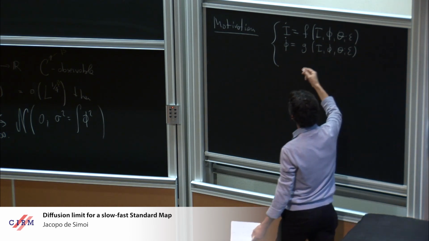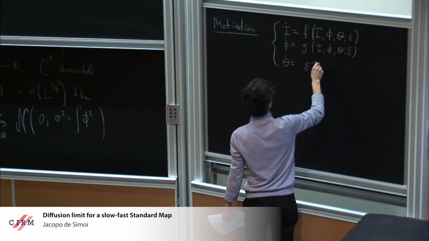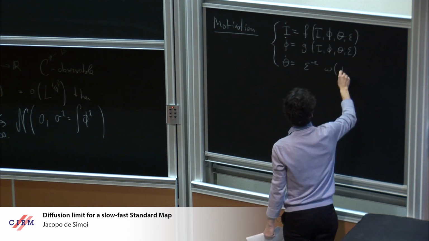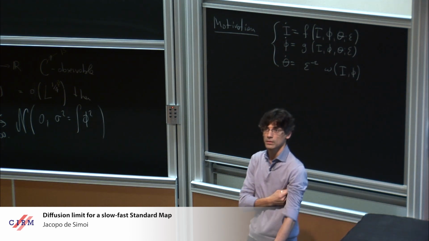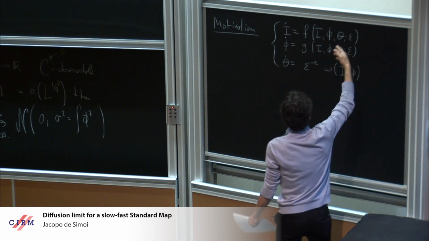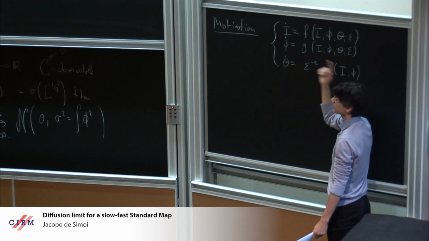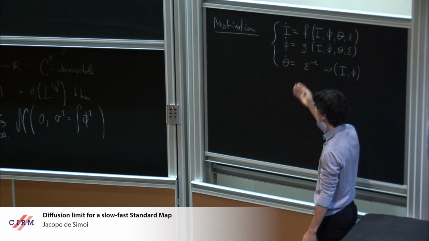And theta is just a fast object which evolves, say, with epsilon to the -2 times omega. For simplicity, let me take omega to depend just on I and phi, but one can do some more sophisticated things. So this is just some system which is driven by a fast rotation. Omega gives just a rotation of theta.